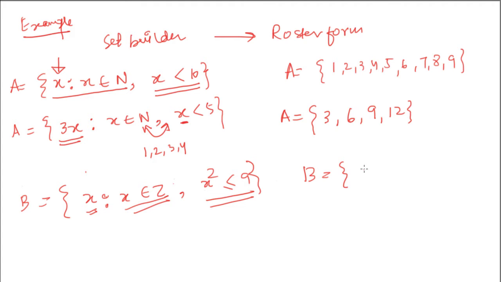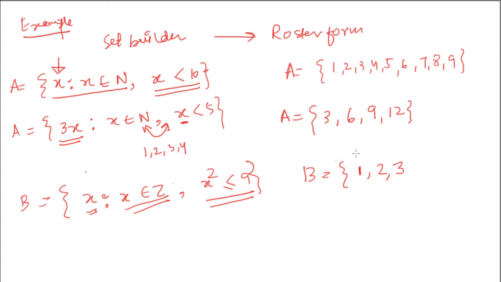Okay. So the first element I can write down is 1. 1 is an integer, and 1 square is less than 9. The second element I can write down is 2. 2 is an integer, and 2 square is less than 9. The third element I can write down is 3. 3 square is equal to 9, and our condition is less than or equal to 9. Can I write down 4?